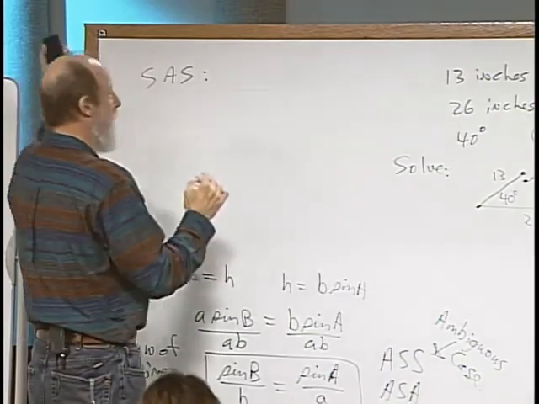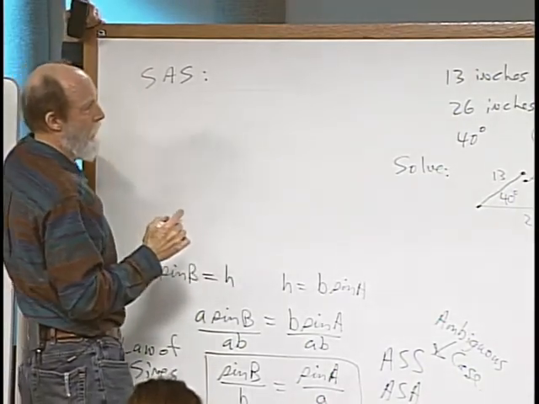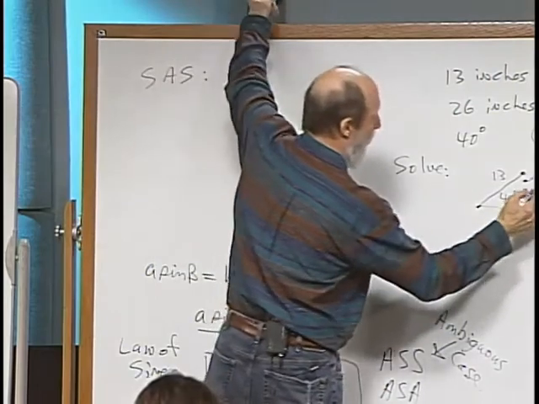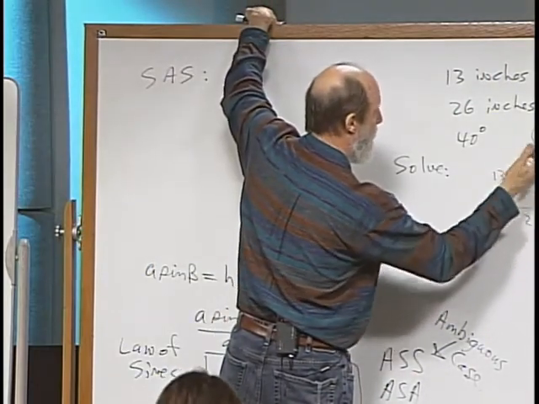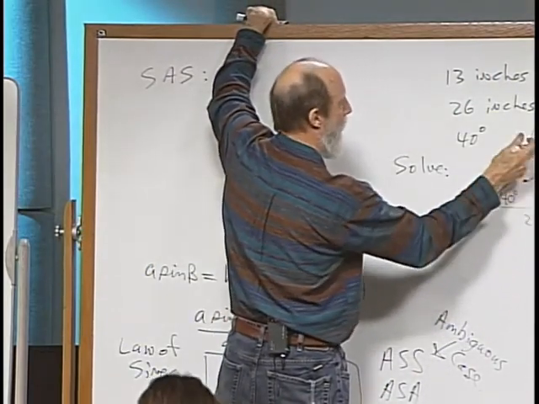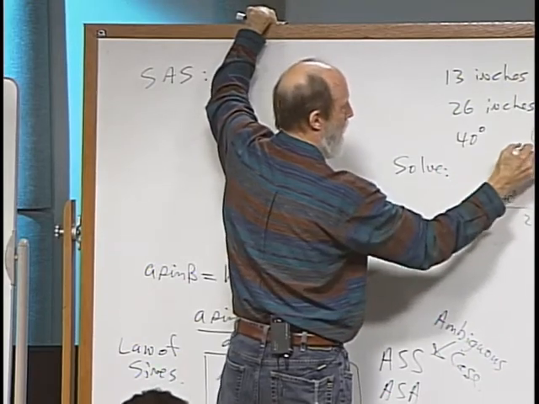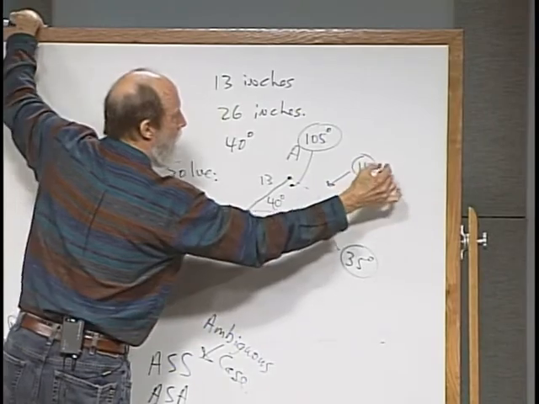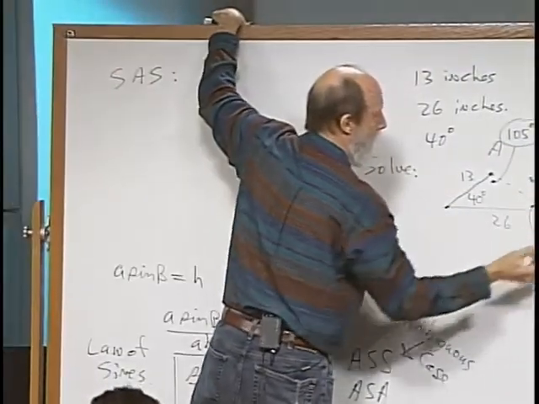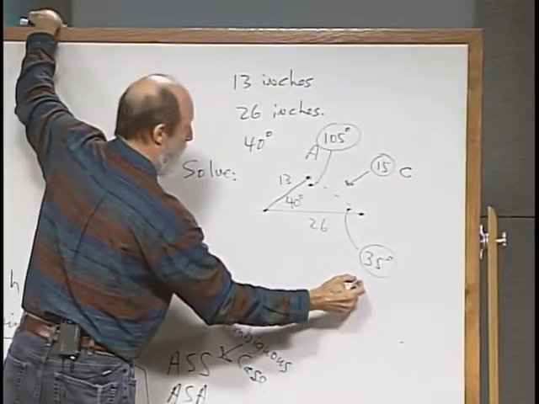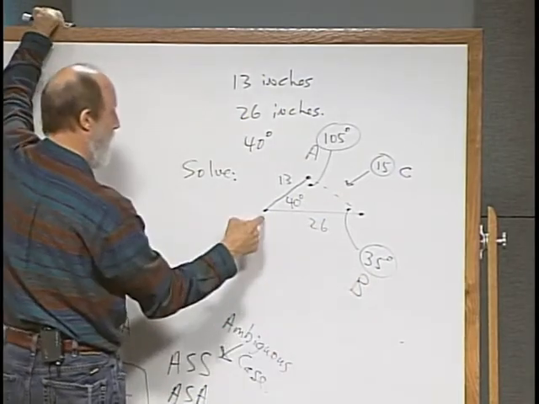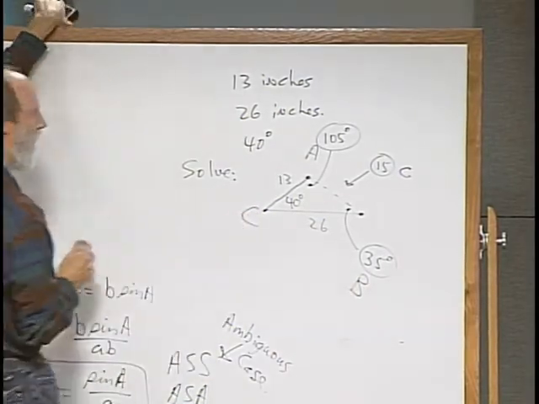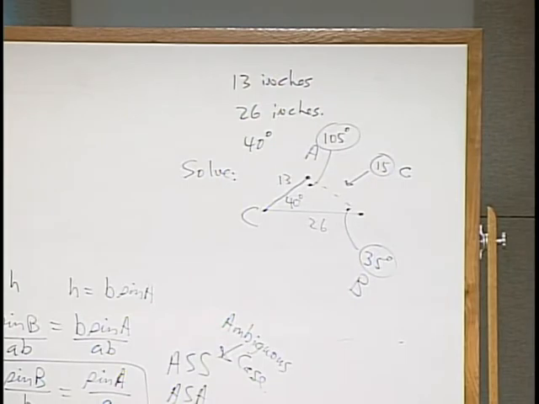Side, angle, side. So what I would do is I would label the unknowns. So let me call this angle up here at the top that we've guessed, let's call it capital A. Let's call this length right here little c, and let's call this angle B. And then that means this angle over here is capital C, or 40 degrees.